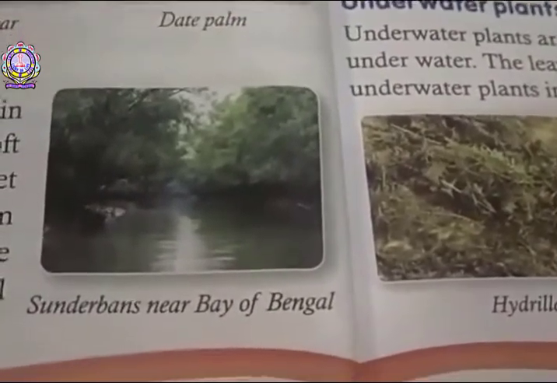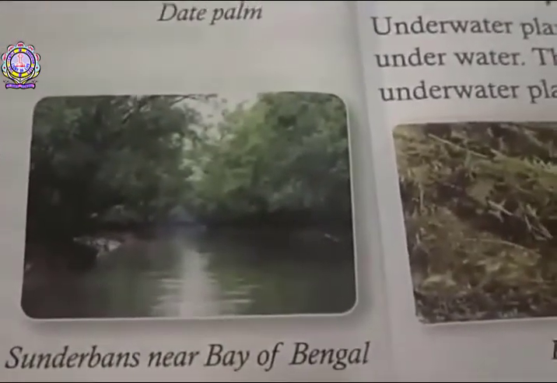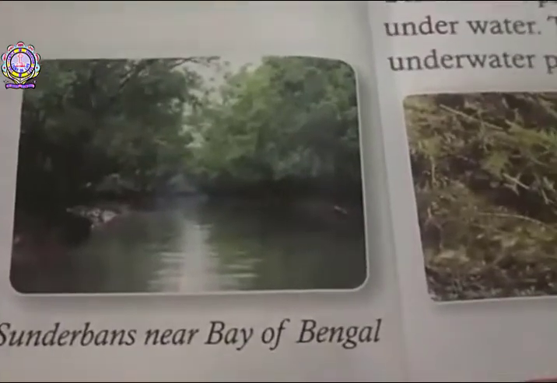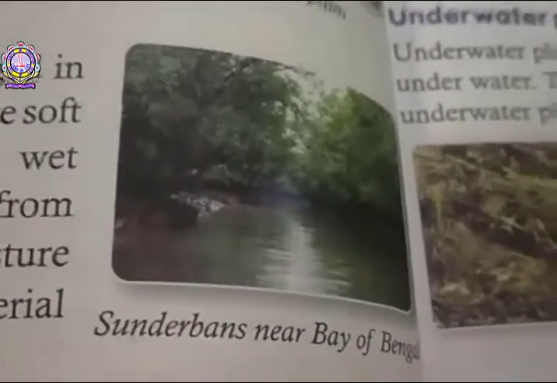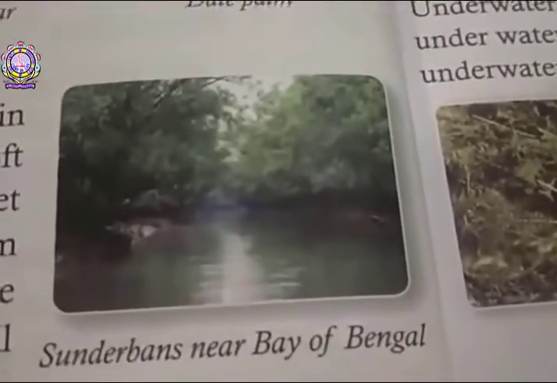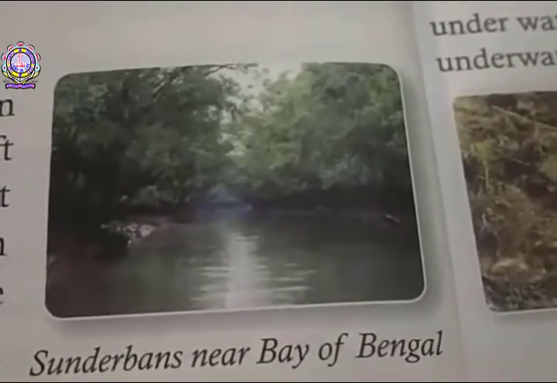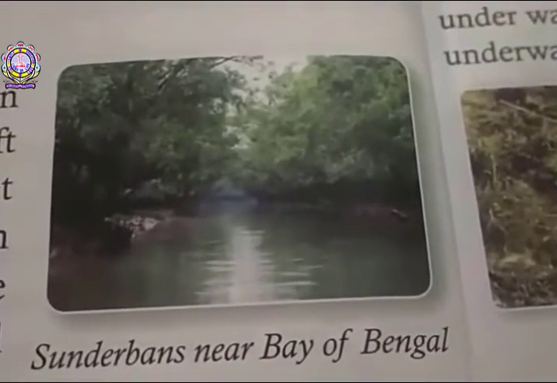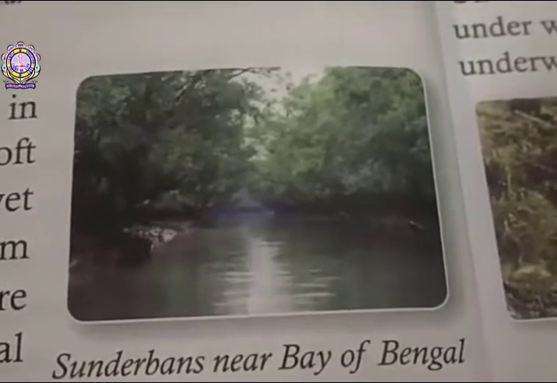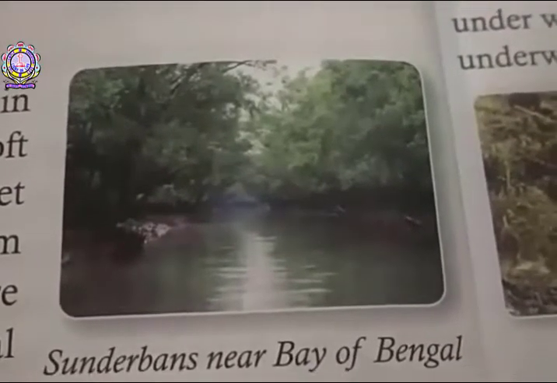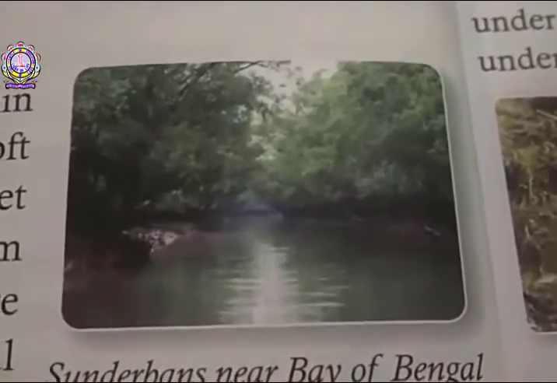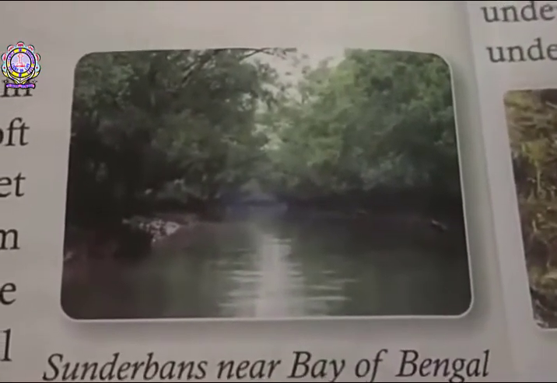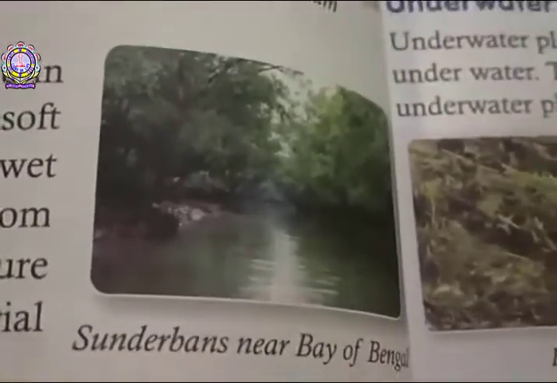This is the Sundarban near the Bay of Bengal. You can see the marshy region is very thick, with very little sunlight, and air cannot easily pass through it. So the mangrove plant or mangrove tree can easily survive in the marshy areas, and not all plants can survive in the marshy areas.